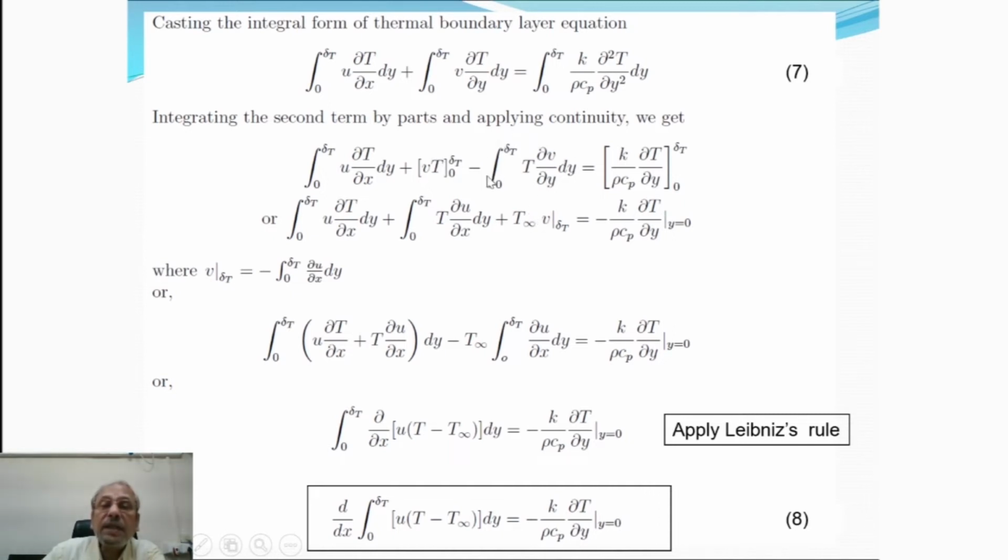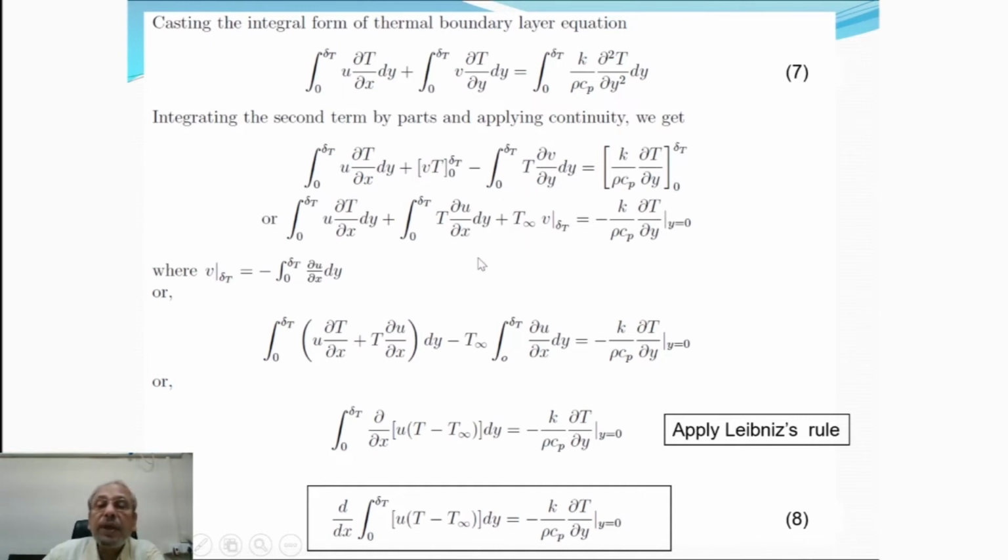And the second term, which was basically the derivative of v, integration of this term, and the entire term is again integrated between 0 to delta T. Here we simply substitute del v del y by minus del u del x. So this minus sign becomes plus, 0 to delta T, T del u del x dy.